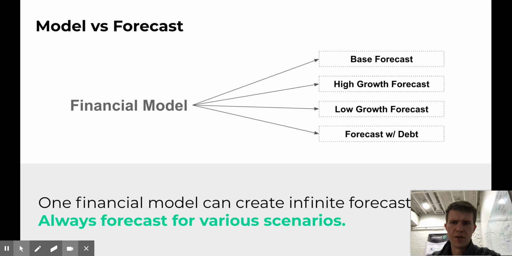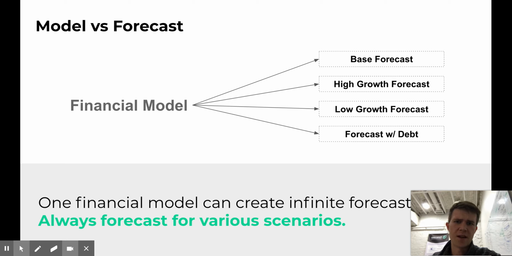So there's a difference between a financial model and a forecast. A financial model is really the vehicle that creates forecasts, and a financial model can create a set of forecasts, and it should create a set of forecasts. So the idea of a financial model is that you can run a variety of scenarios with the model.